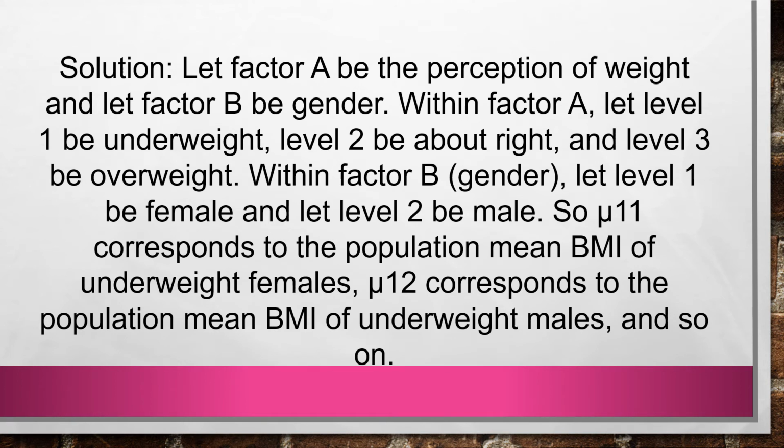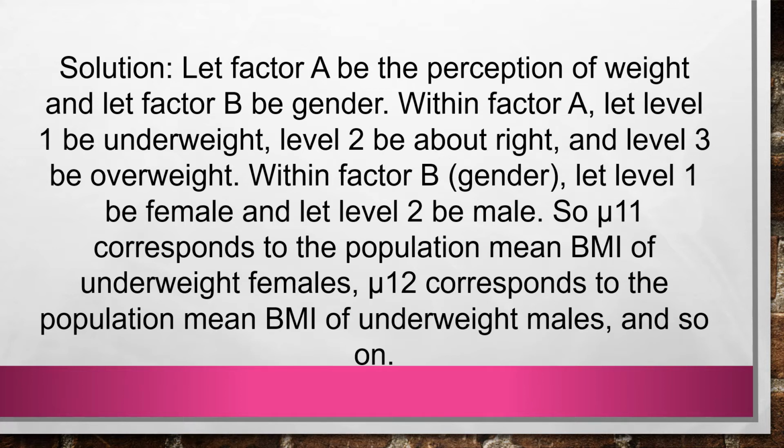Solution: let factor A be the perception of weight and let factor B be gender. Within factor A, let level 1 be underweight, level 2 be about right, and level 3 be overweight. Within factor B, gender, let level 1 be female and level 2 be male.